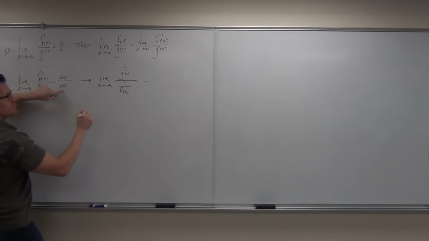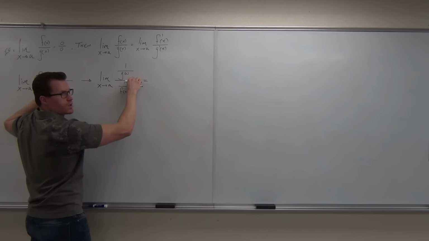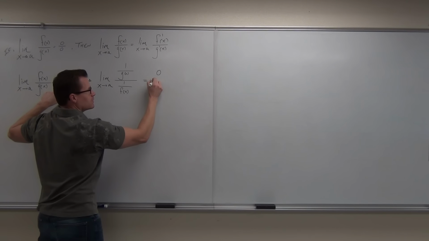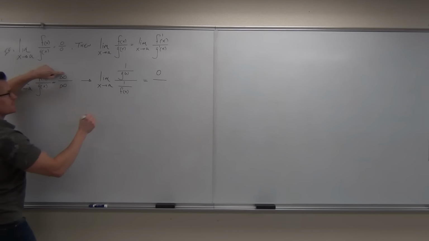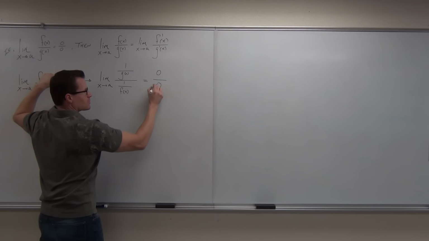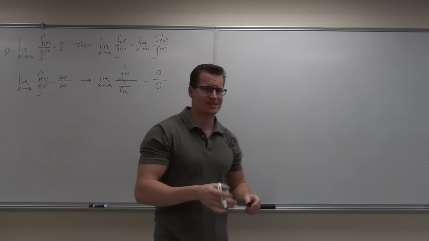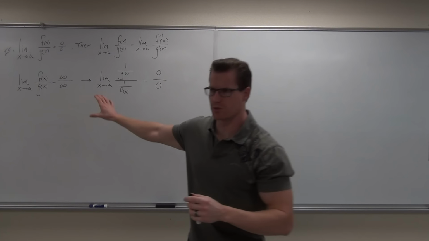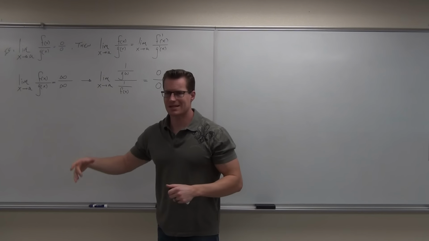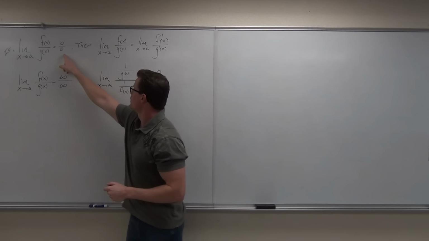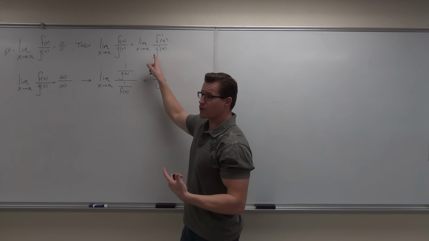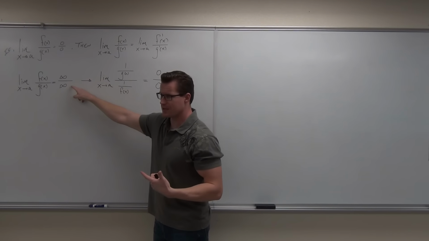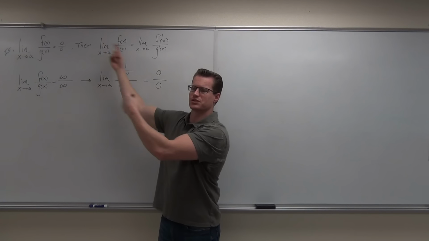If g of x goes to infinity, 1 over g of x, 1 over infinity, would go to 0. If f of x goes to infinity, 1 over f of x would go to 0. What this basically says is that, and you don't have to show this, okay? You don't have to show it. What it says is that if you have 0 over 0, this will work. Also, if you have infinity over infinity, because you can do this, this will also work.